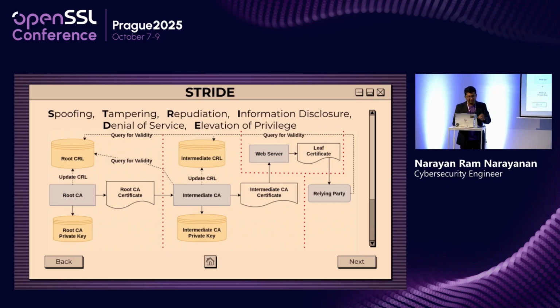Okay, let's take another example. Let's take denial of service. For example, the intermediate CA updates the CRL, the certificate revocation list, and the CRL is up to date in this intermediate CA, which is validated by the relying party.